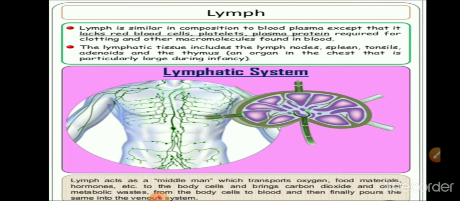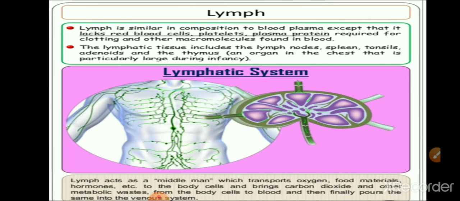Lymph is similar in composition to the blood plasma, except it lacks RBCs, but it contains platelets and the plasma proteins required for clotting. The lymphatic tissue includes the lymph nodes and spleen. It is present in the lymph nodes, spleen, tonsils, and thymus.